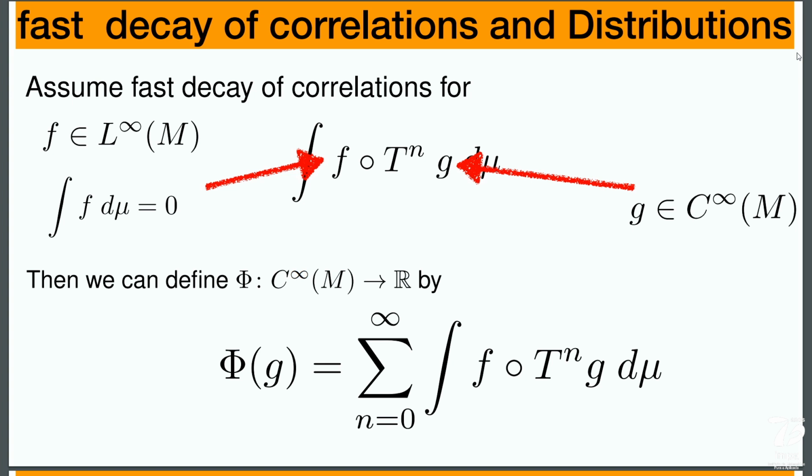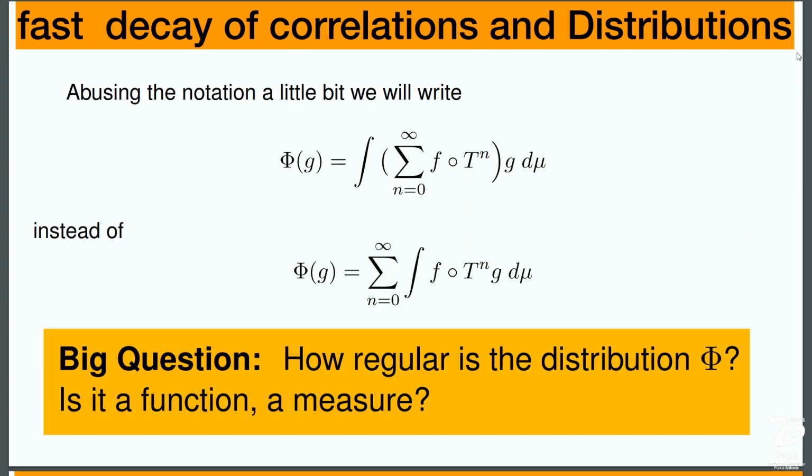And this is a distribution. It turns out that the distribution that I showed you is exactly this kind of distribution. If you have a Birkhoff sum of an observable, you can take this distribution, and so to each observable F you can associate a distribution. So that's what I mean when I say the derivative of alpha is a distribution.